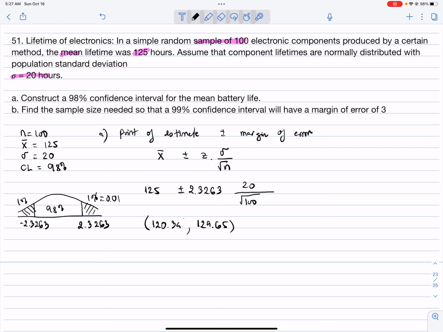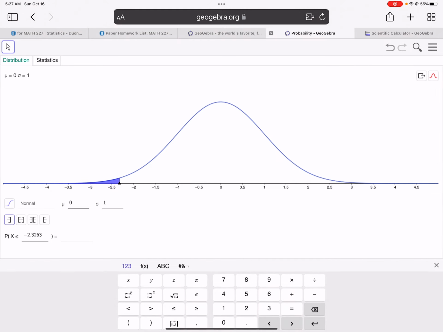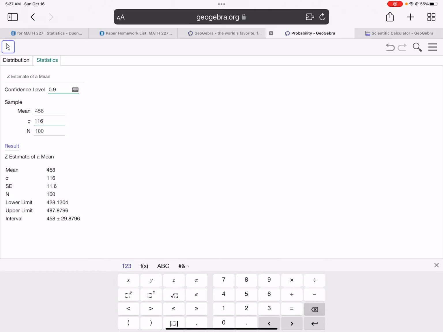For the GeoGebra, if you want to calculate the whole part, we want to enter like this. The confidence level that we have is 0.98. The mean is 125.